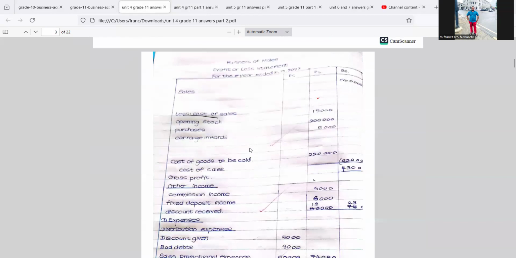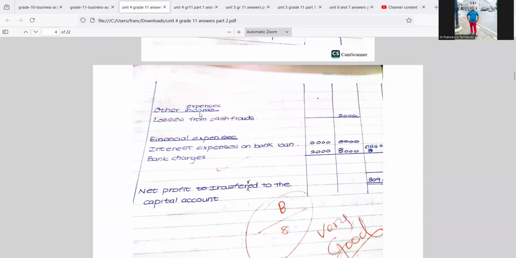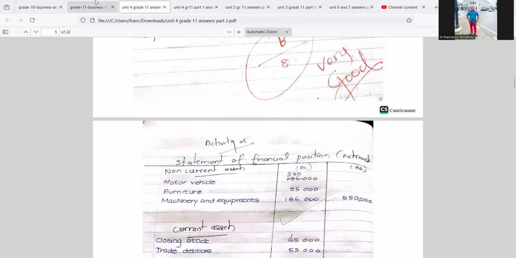Then they ask to enter this in the form of a statement, and this is the answer for that. So you have to start from sales, then deduct cost of sales, get the gross profit, add the other income, deduct distribution, administration, other expenses and finance expenses to derive the net profit.